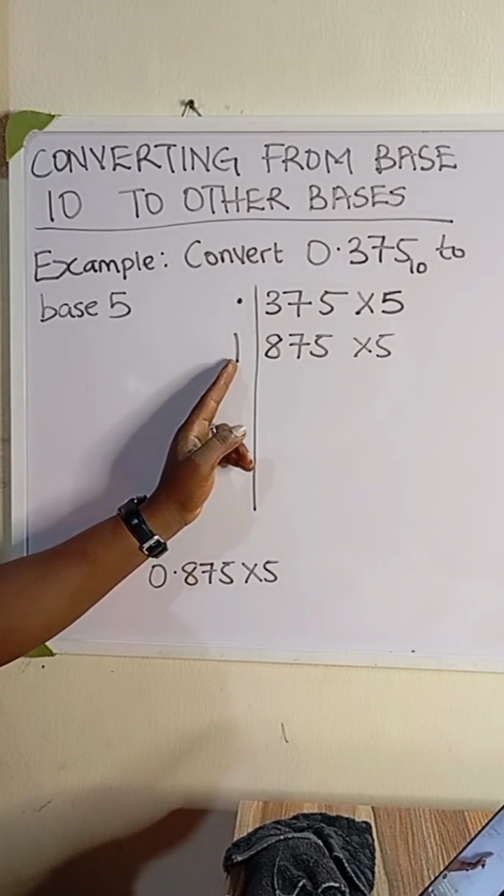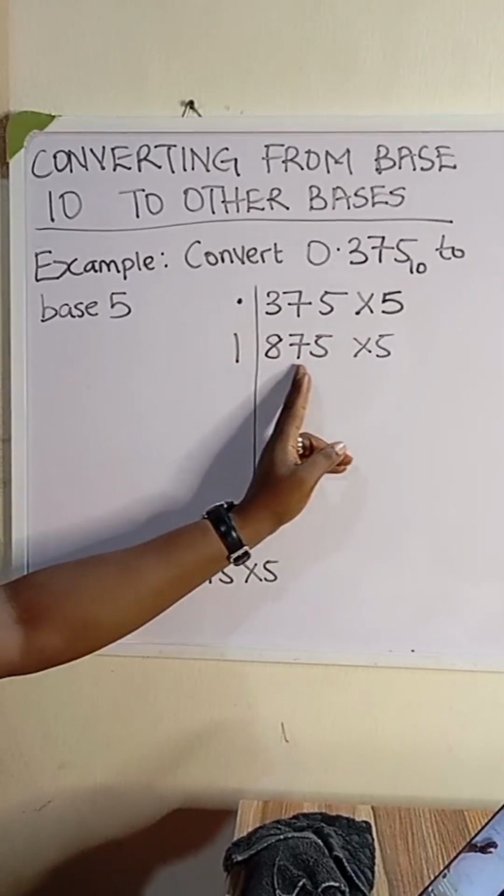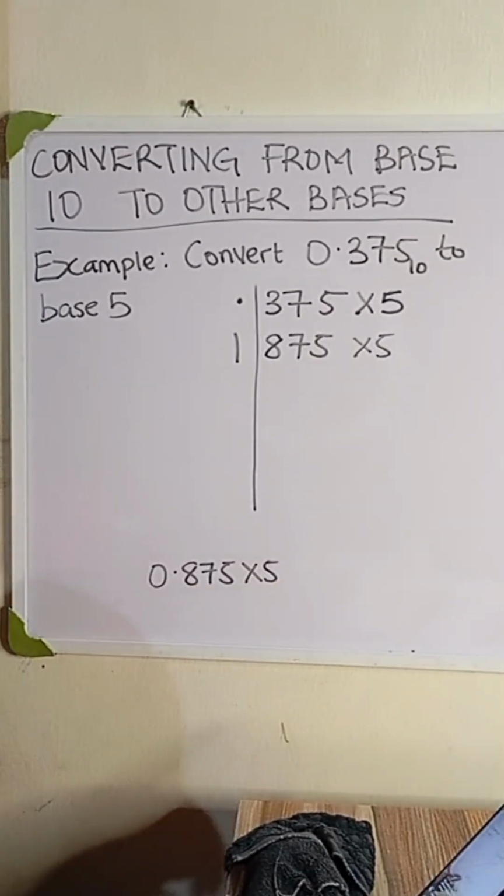So we are assuming we've taken note of this whole number, so we continue multiplying by 0.875. So 0.875 multiplied by 5, what do we have? 4.375.